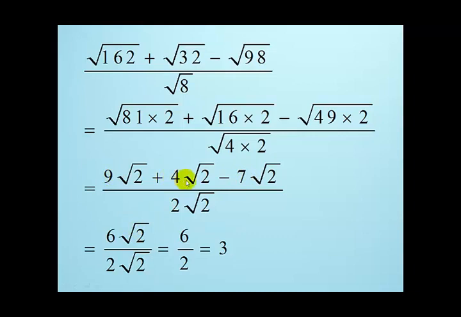Now 13 minus 7 equals 6. So we have 6 root 2 divided by 2 root 2. Now when root 2 cancels root 2, we are left with 6 divided by 2. And 6 divided by 2 is equal to 3 because 2 goes into 6 3 times. So the answer is equal to 3.